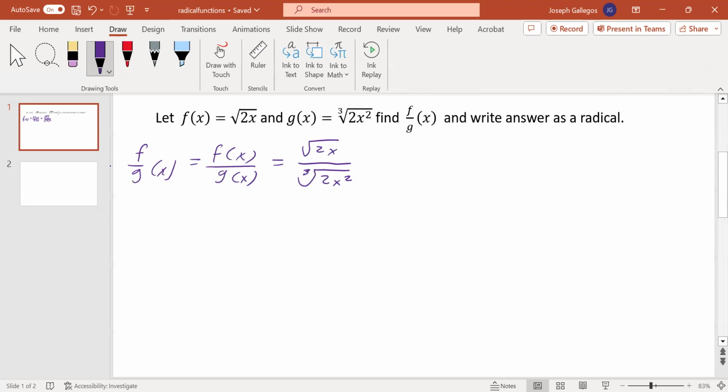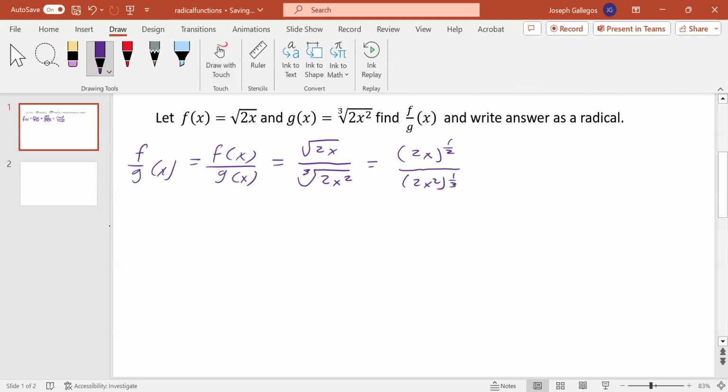So remember, the square root of 2x is the same as quantity 2x all raised to the 1/2 power. And the cubed root of 2x squared is equal to parentheses 2x squared all raised to the 1/3 exponent.